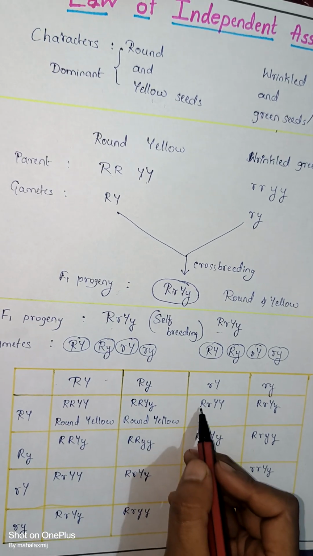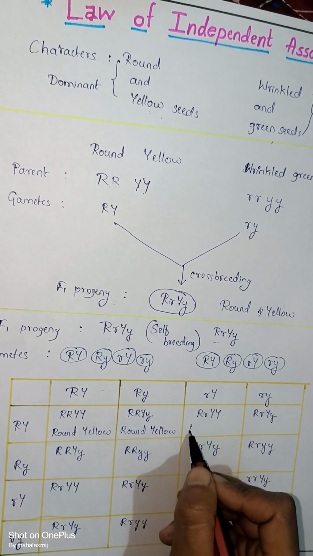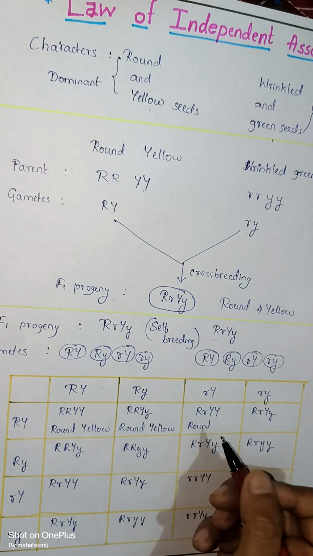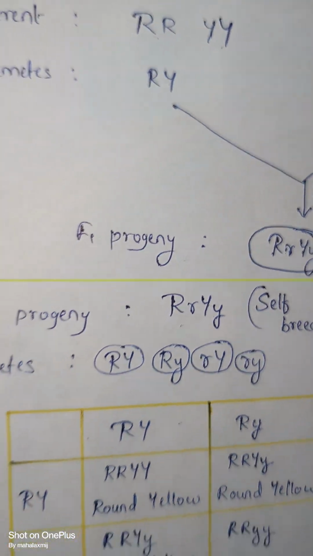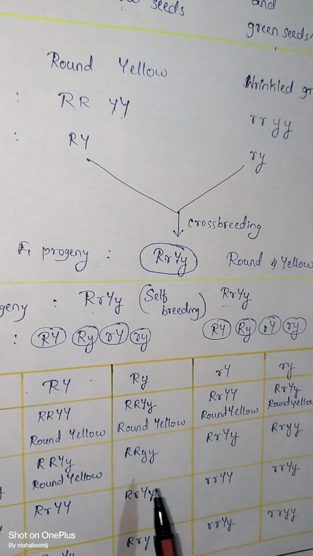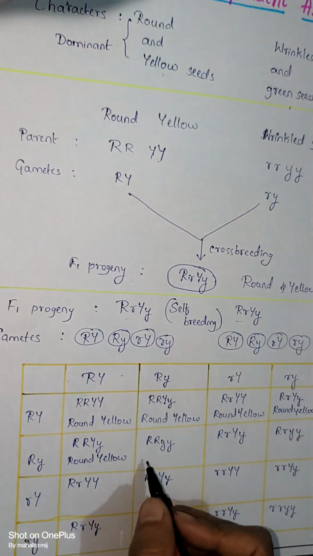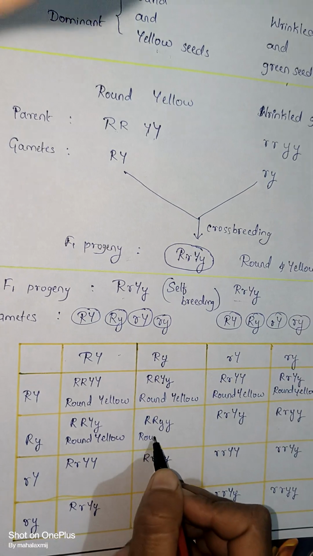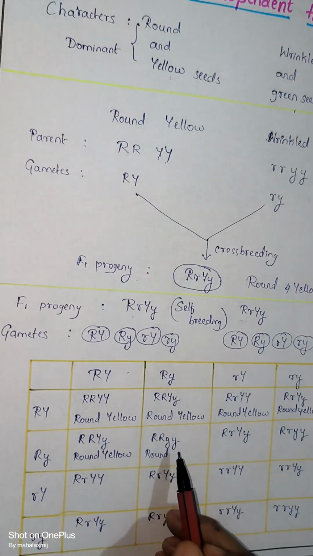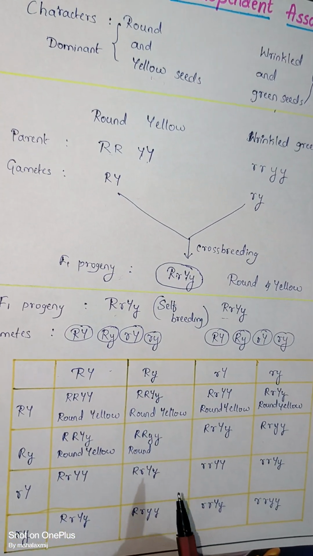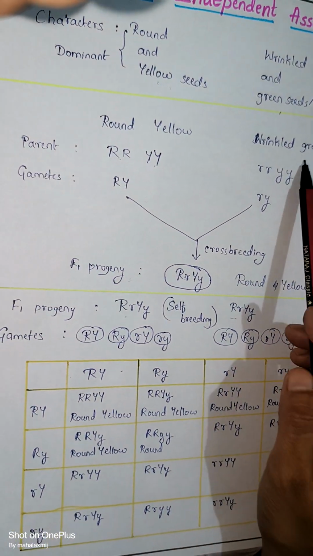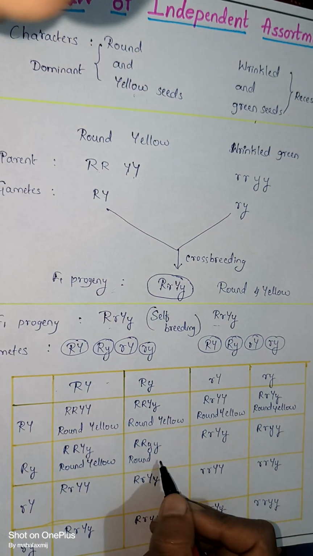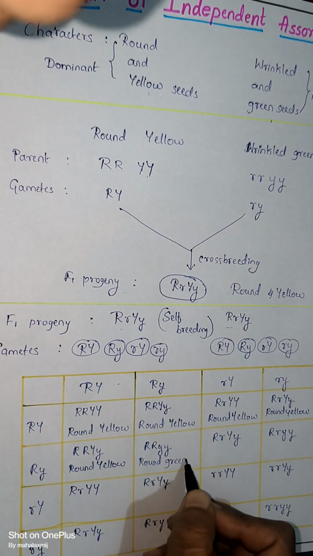Capital and small, but the dominant character is capital R, so it is round and yellow. Now after two more entries, here you can observe both are capital R, so we understand them as round. But here both the Y's are small, so small y, as both of them are small, they resemble green color, so I write it as round and green.